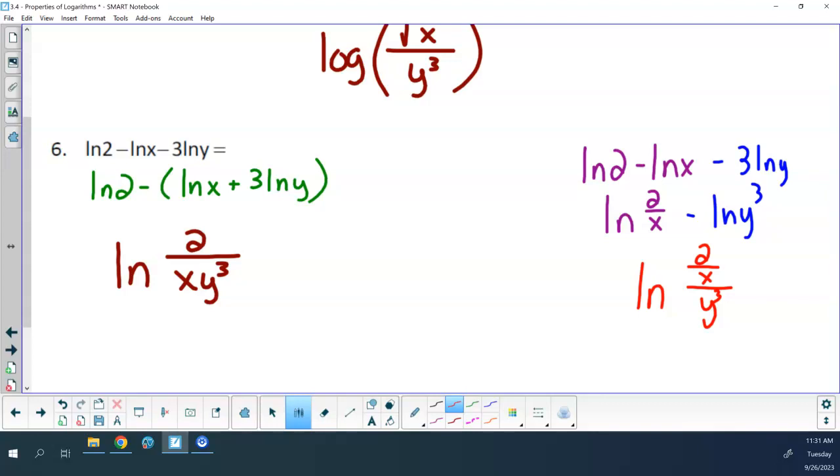What's wrong with that? Other than it looks really scary. Fractions and fractions. We don't like fractions and fractions. We only want one single solitary fraction at the end. So you've got to do a keep, change, flip. When you do a keep, change, flip, now you're back to here. And it's much cleaner, much nicer.